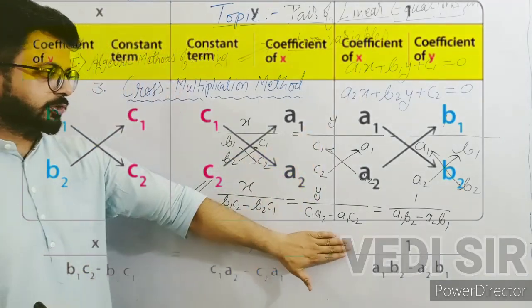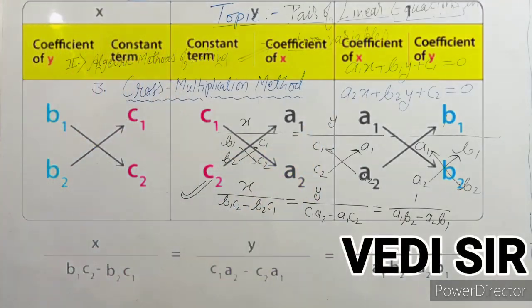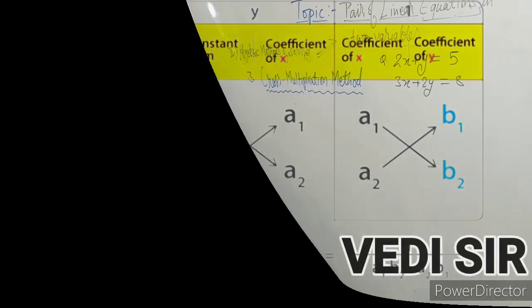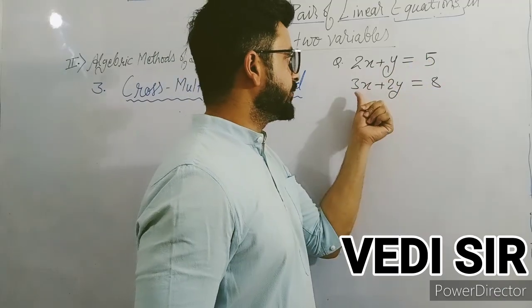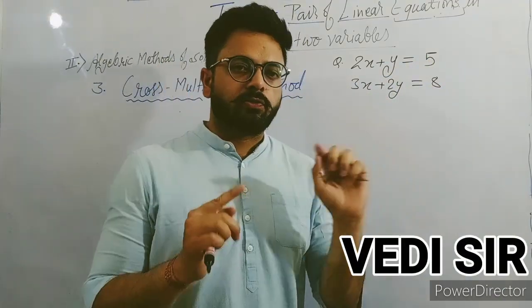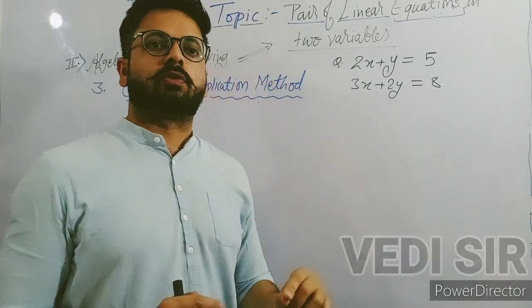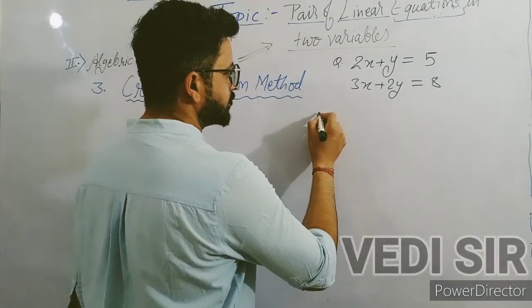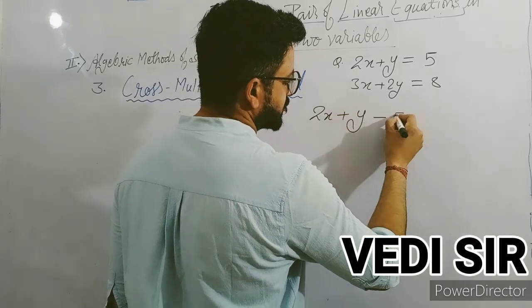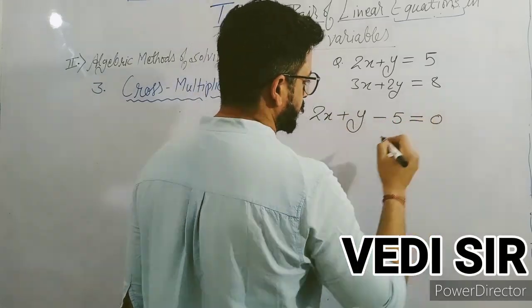First you note down this up to here. 2x plus y is equal to 5, 3x plus 2y is equal to 8. What I told you about this method: first we will write in standard form. What is the standard form? 2x plus y minus 5 is equal to 0.